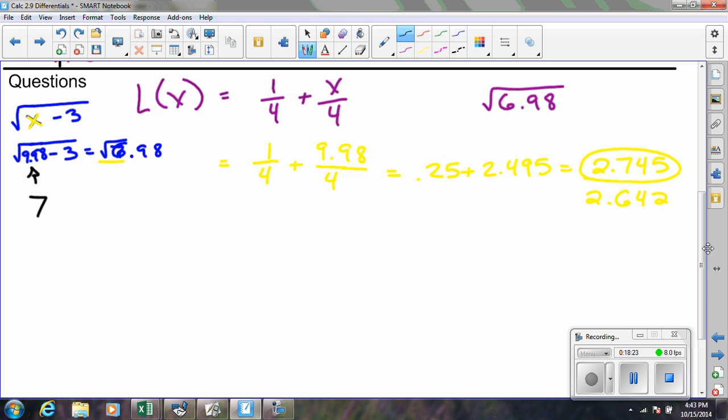If we were trying to take something like the square root of 312, because 312 is so far away from 7, using this linearization would give us wildly inaccurate, very, very far off. The closer we can get to 7, the better we'll be. This is just illustrating that we actually can use a linearization for other values, but you want to pick things that are really, really close.